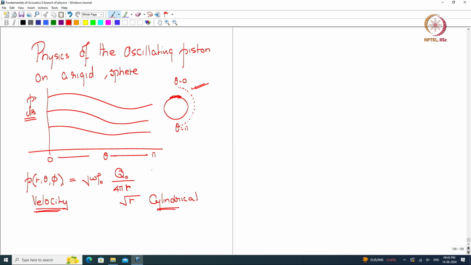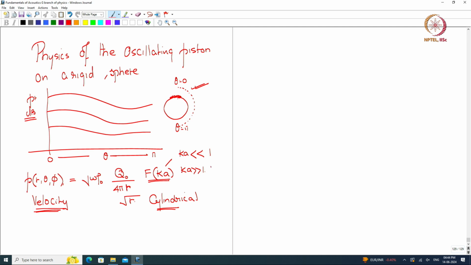Then you will have terms which are functions of Ka, the Helmholtz number. So you could specialize it to Ka very small, such as a monopole, or Ka much larger than 1, such as an efficient radiator.